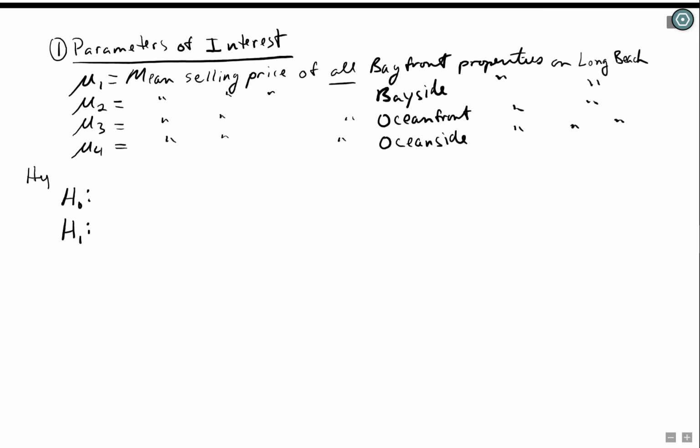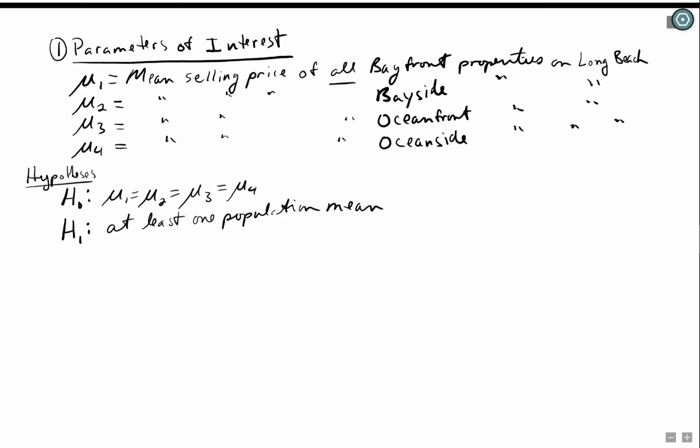So here are our hypotheses. H naught would be that the 4 population means are the same. And H1 would be that at least one population mean is different than the others.